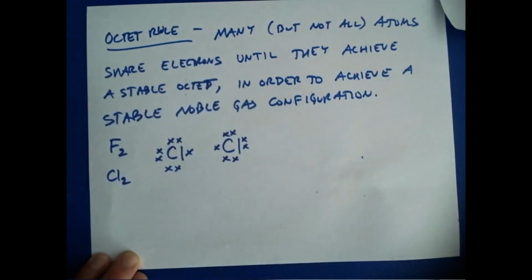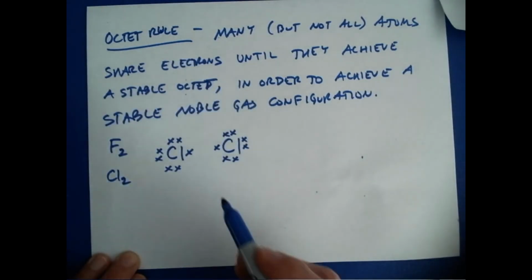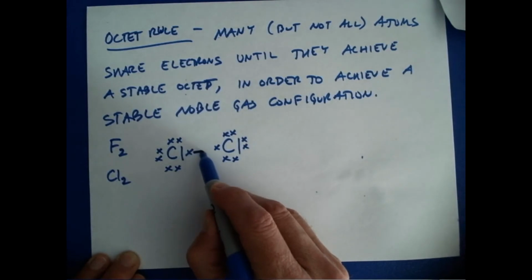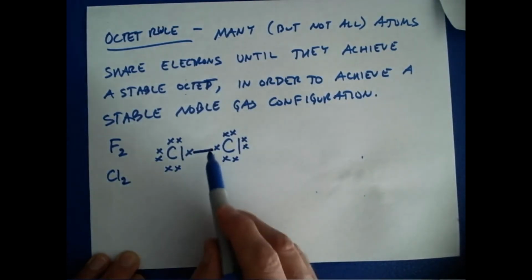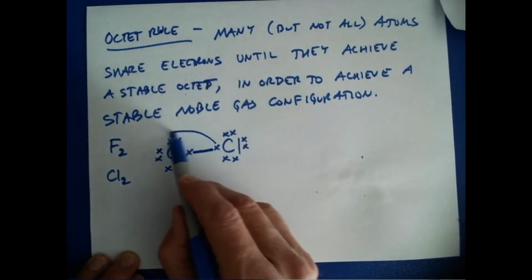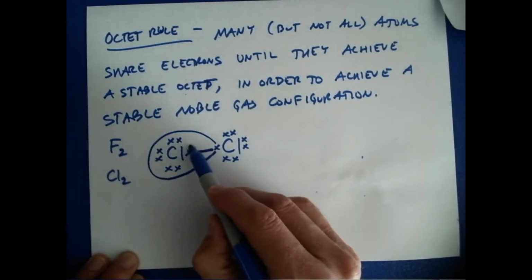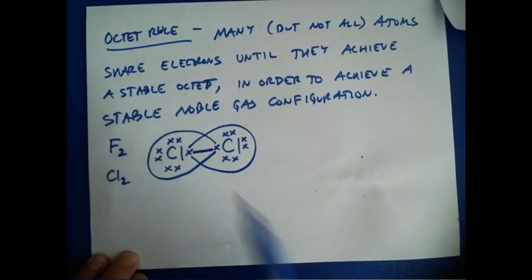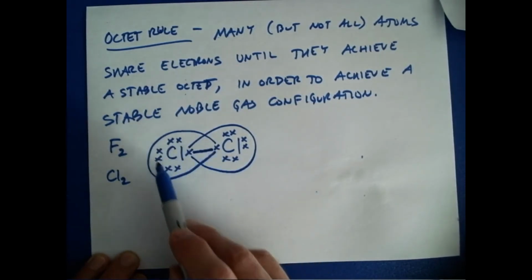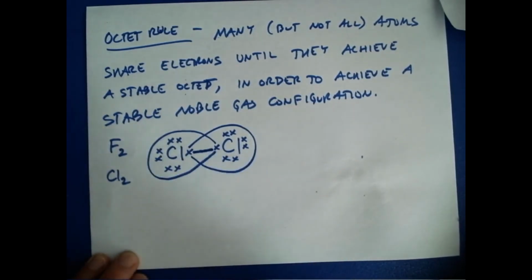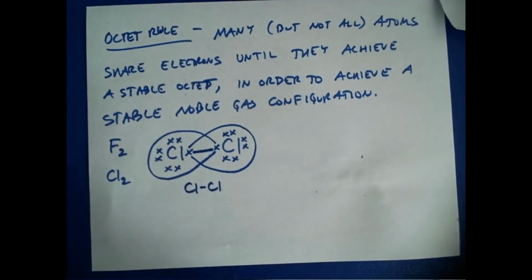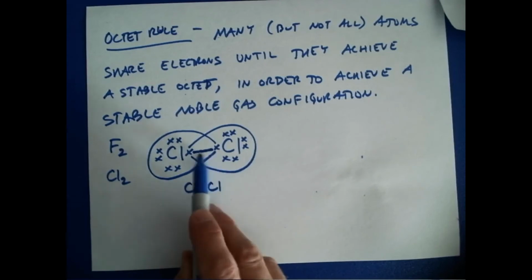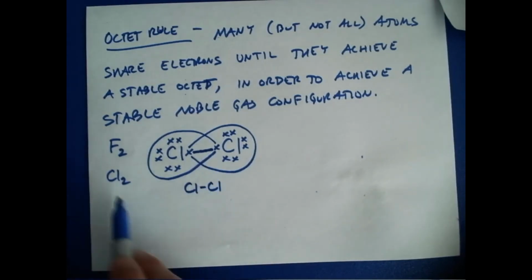And the octet rule is a very nice guide to help me understand how the chlorine atoms combine, they bond, they share electrons, so that each chlorine atom feels like it has 8 electrons in its valence shell. 1, 2, 3, 4, 5, 6, 7, 8 for this chlorine, and likewise 8 for this chlorine. And so we can kind of see that chlorine atoms bond by sharing electrons. They bond once to form the chlorine molecule.